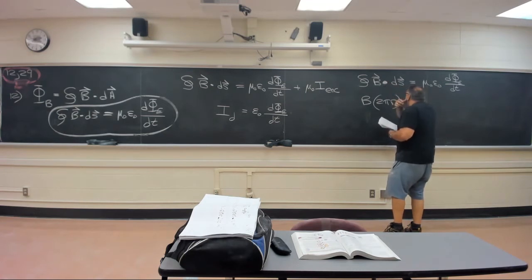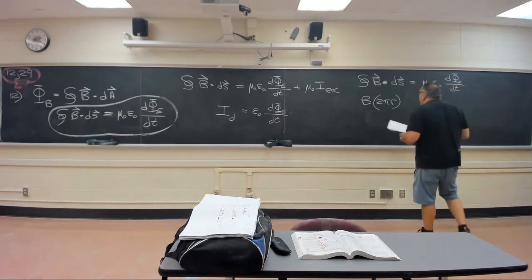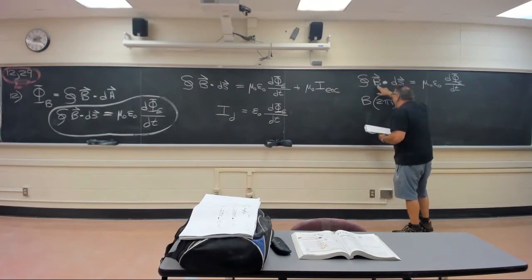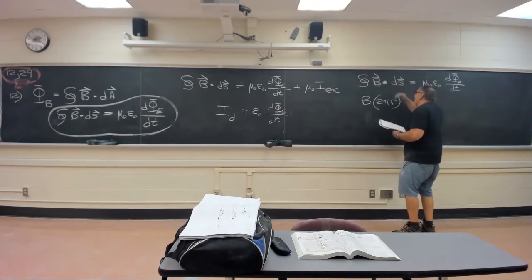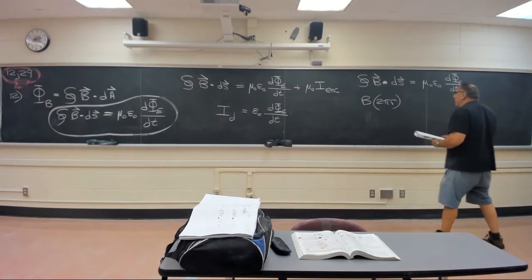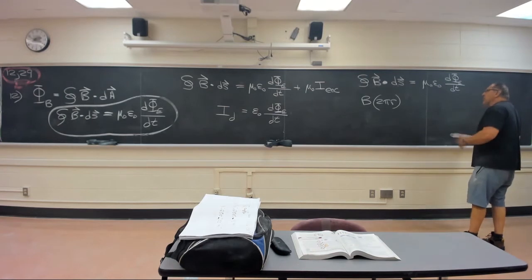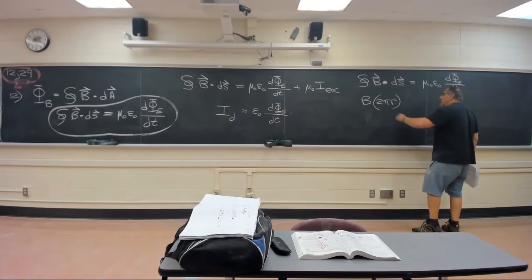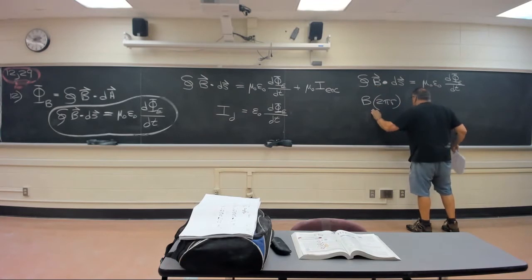The B vector is always in line with the circular path that is being taken as we do the integration. The B vector and the ds vector, as we proceed around, are always in line with one another. There's a measurement of 0 degrees or 0 radians between both. So when you do the dot product, it's just B times ds, and you're integrating the ds because the B is a constant. So it comes down to here.